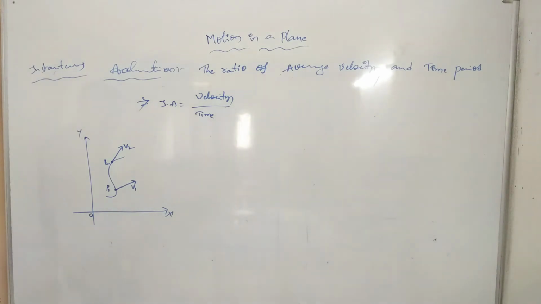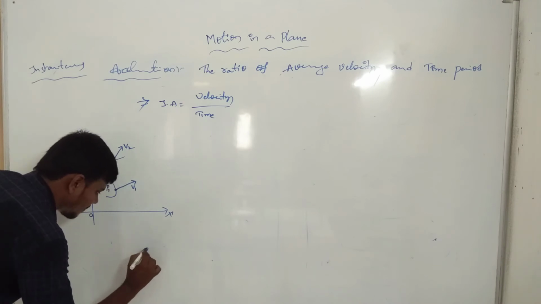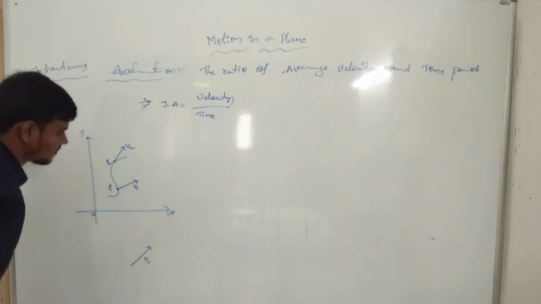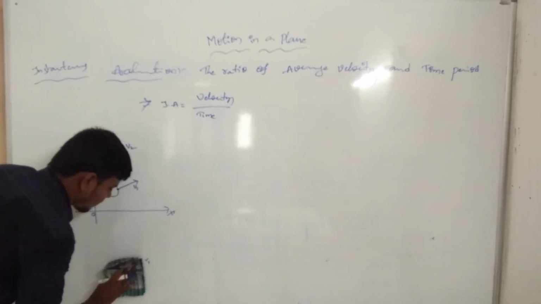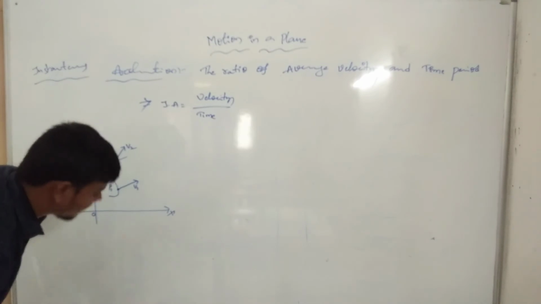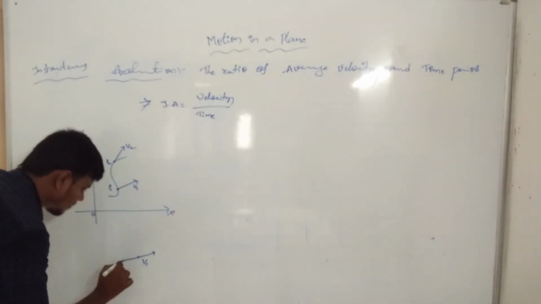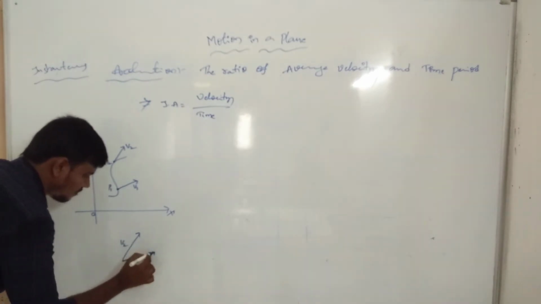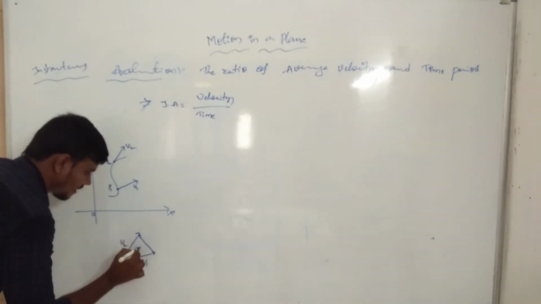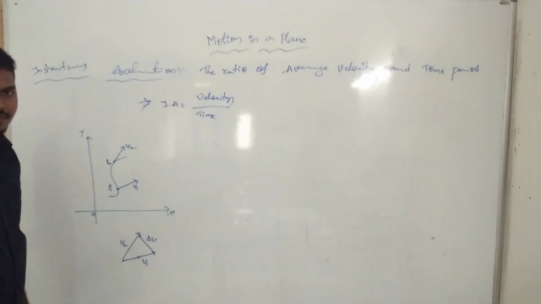Now what is the head and tail method? In the head and tail method, the first one is velocity V1, then the secondary one velocity V2. That is the intersecting point. This is the delta V point. Clear? Head and tail.